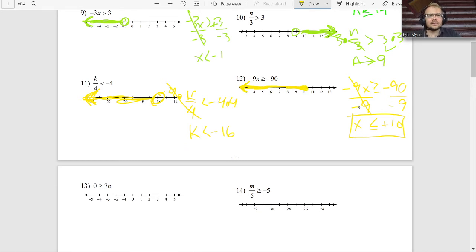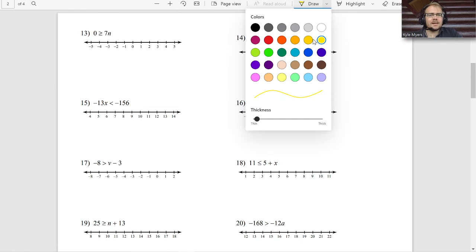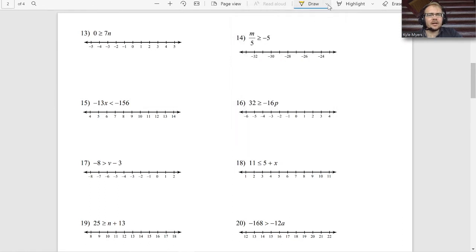All right. So number 13. And since we haven't really hit anything new yet, I'm going to just go ahead and start solving these the same way I was, but just a little bit faster maybe. So again, if you feel like you've gotten the hang of this, then you can move forward in the video.